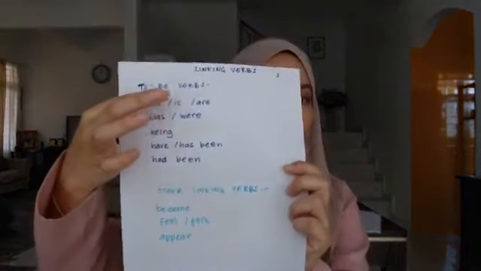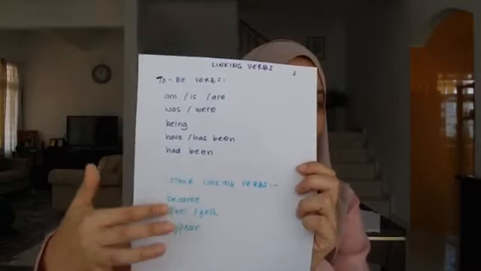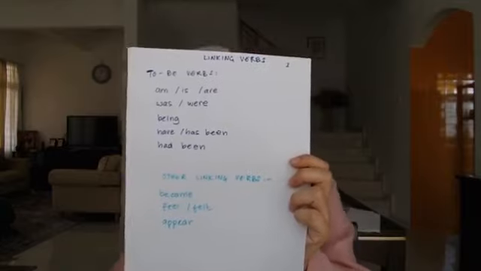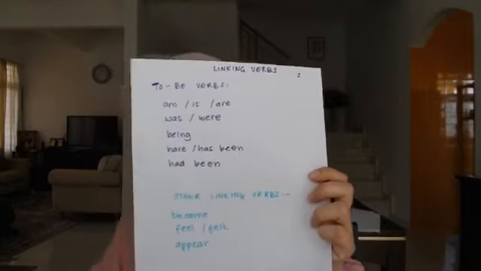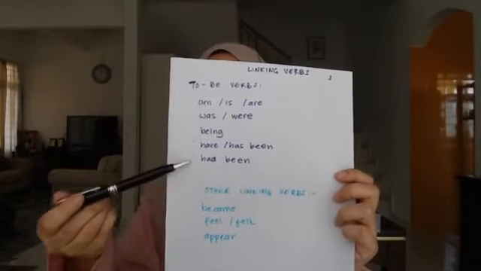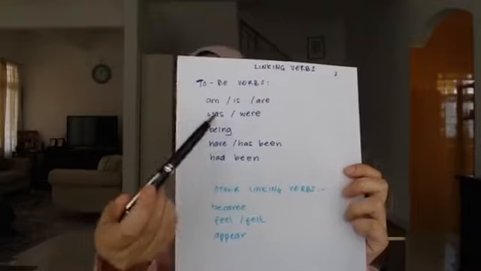So to be verbs are what we call linking verbs, and there are also other linking verbs here. Let's take a look at what the to be verbs are. I have written it down here so you guys can copy in your notes and so that you don't get confused. And we are going to be referring to this a lot.